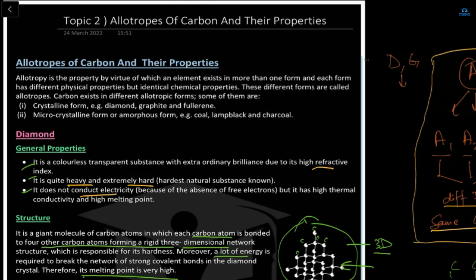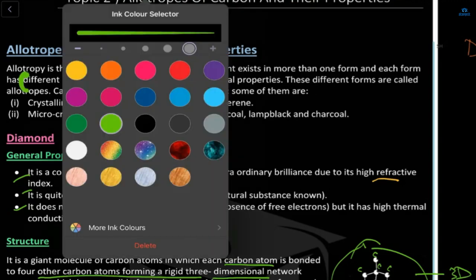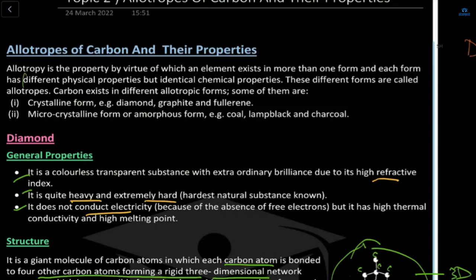It's a property by virtue of which an element exists in more than one form, and each form has different physical properties, but this is the main point: the same chemical properties. If you know this, then you know they will have different physical properties.